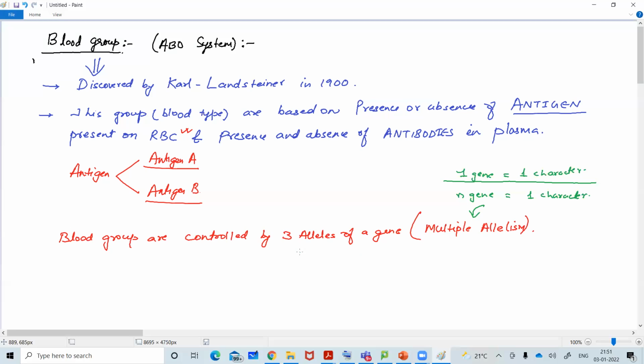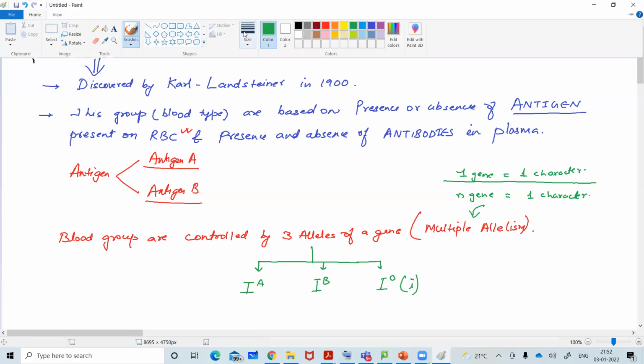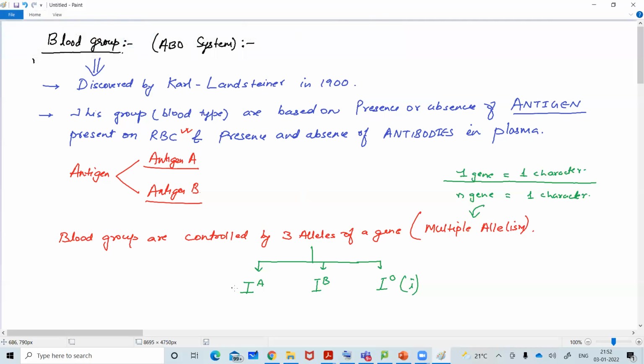Fine. So when we say 3 alleles, the meaning is there are 3 genes, which we generally represent as IA, IB, or IO, or you can write small i. In any way, you can represent the O blood group.